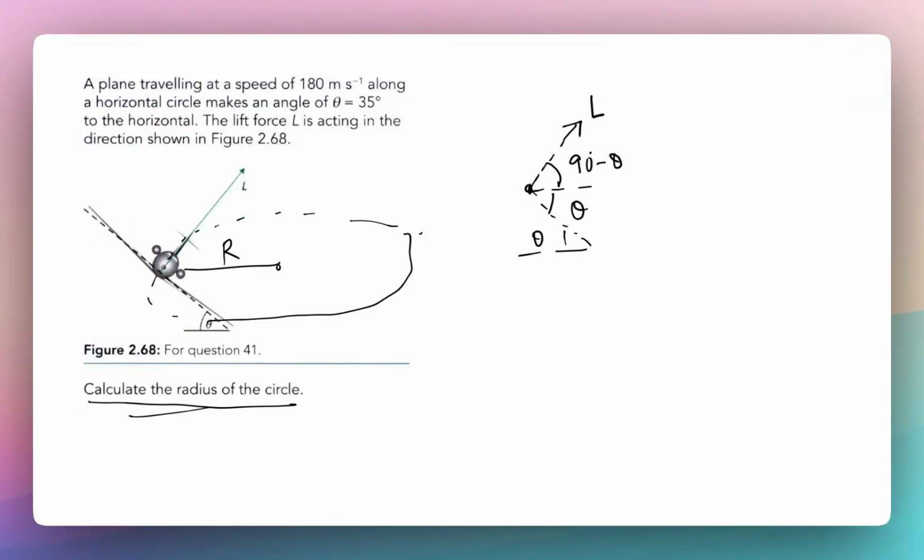This lift force will have a projection in this direction equal to L sine theta, and a projection in the vertical direction equal to L cos theta. And there is a gravitational force mg acting on the plane.